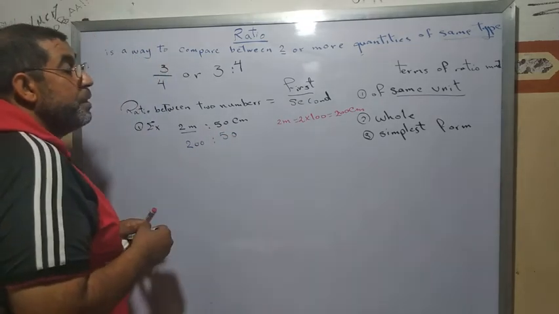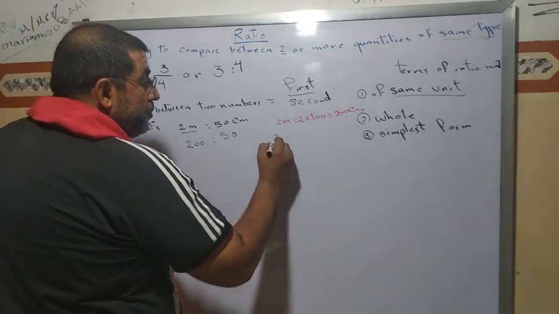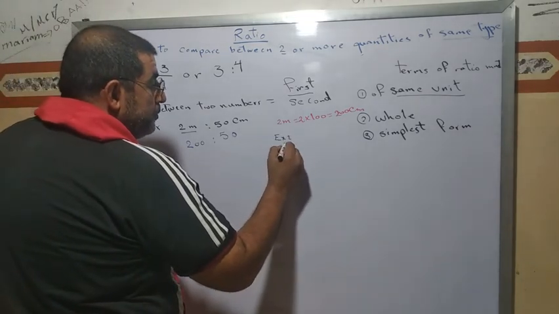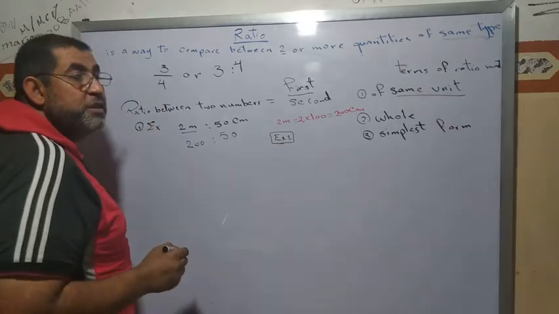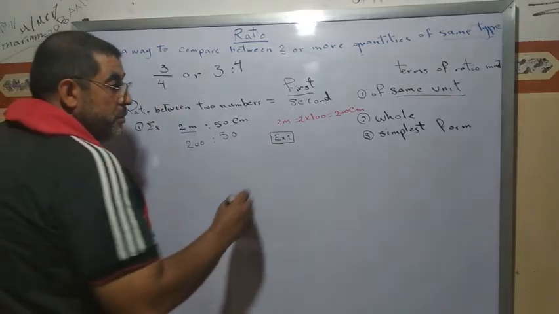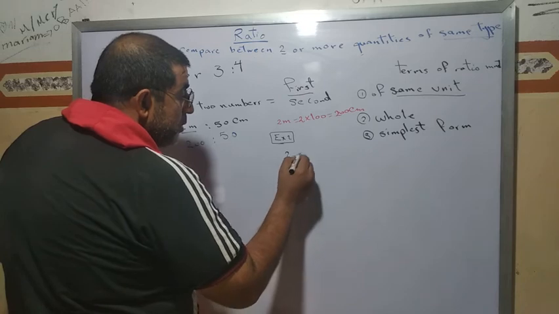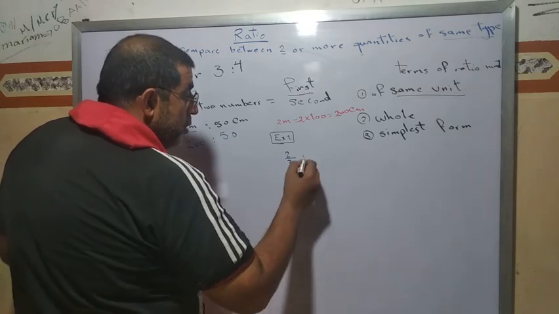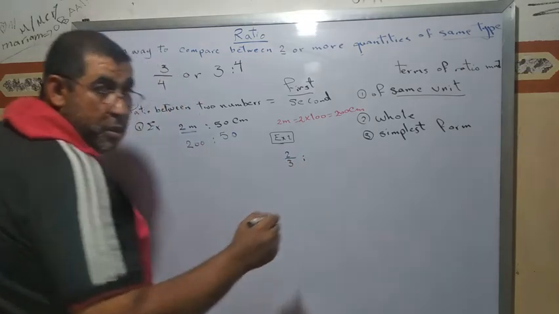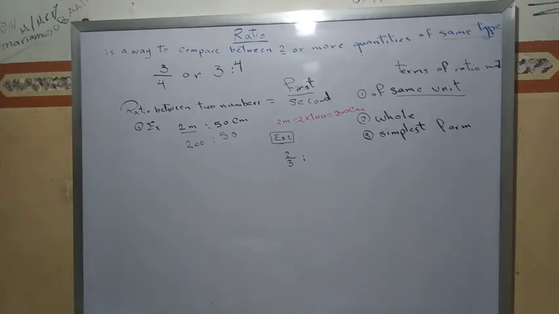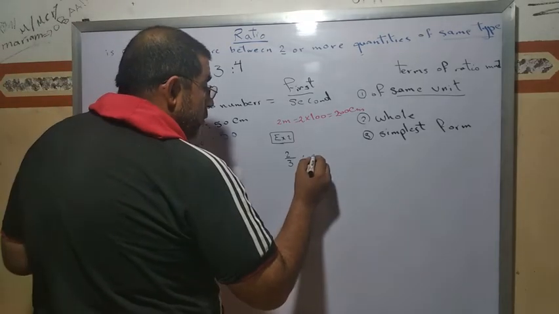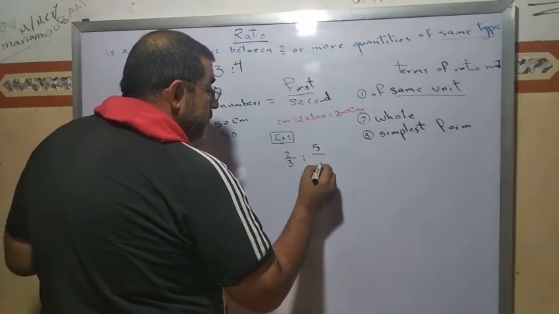Second problem, example number 2. Terms of ratio must be whole. 2/3 to 5/6.